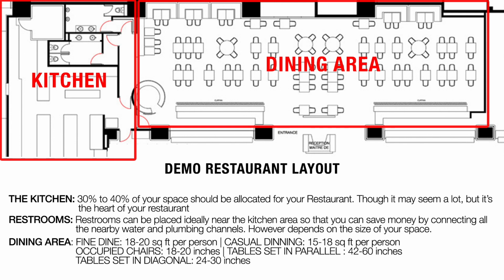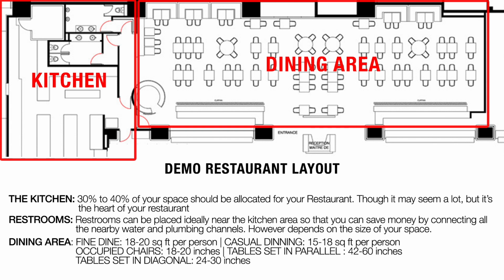Now, for the dining area, the universal concept goes like this. For fine dining, you allocate 18 to 20 square feet per person, or for casual dining, it's 15 to 18 square feet per person. And also, there has to be an entry or waiting area. For casual dining, you have to take this area into consideration, to be honest.